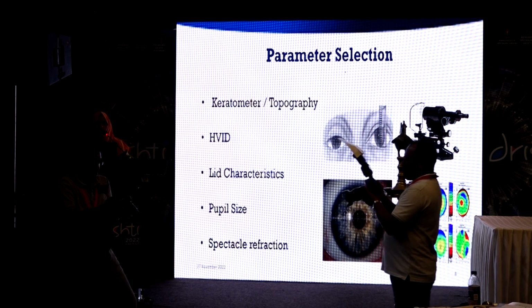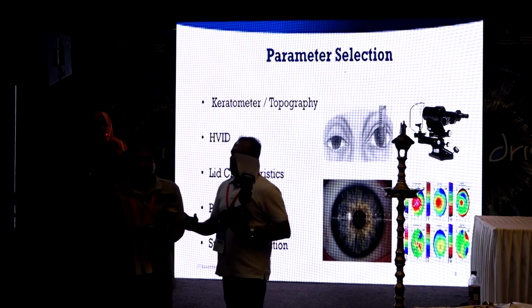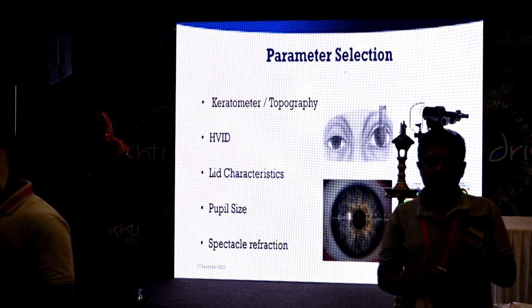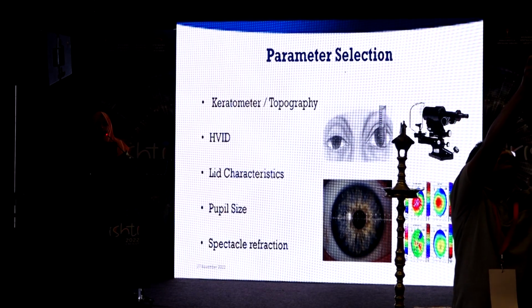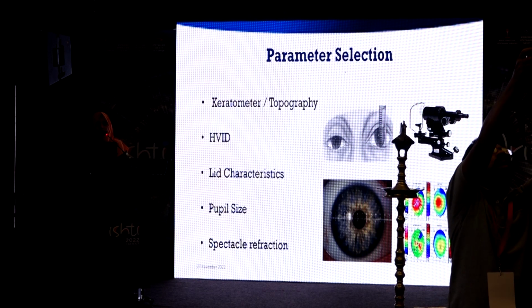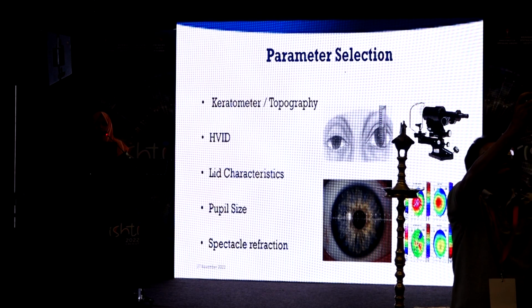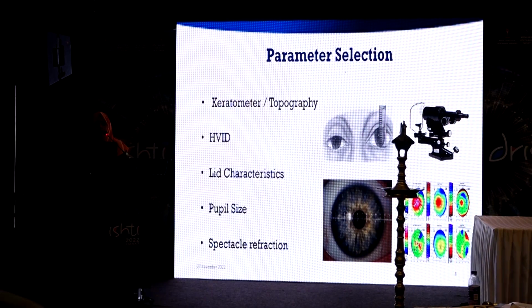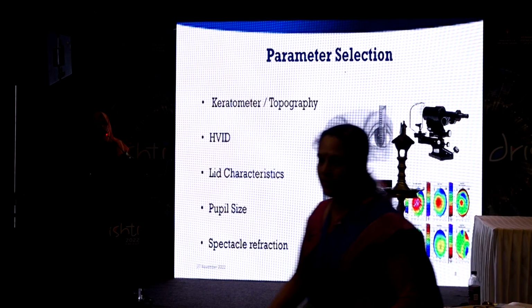Lid characteristics, whether the lids are loose or tight, can be understood, and the palpebral aperture height can be measured with a millimeter scale. It varies with ethnicity, from Caucasians to Asians. So it is very important to measure the lid characteristics and also the pupil size, which is important for the optic zone diameter of the contact lens.